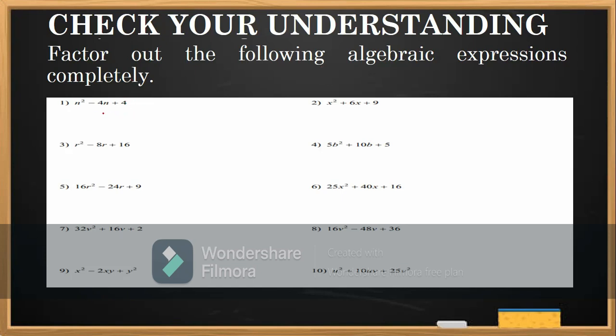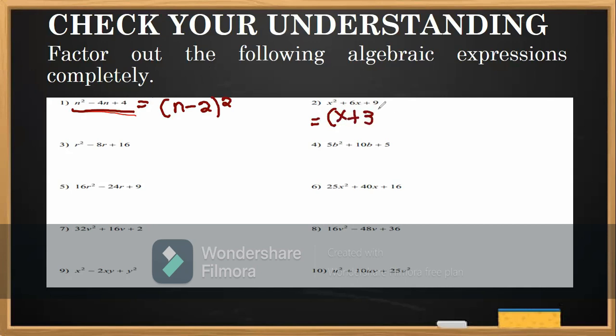For number one, the given is n squared minus 4n plus 4, so that's equal to n minus 2 squared.